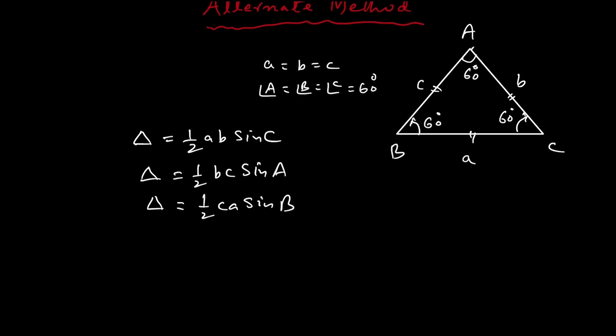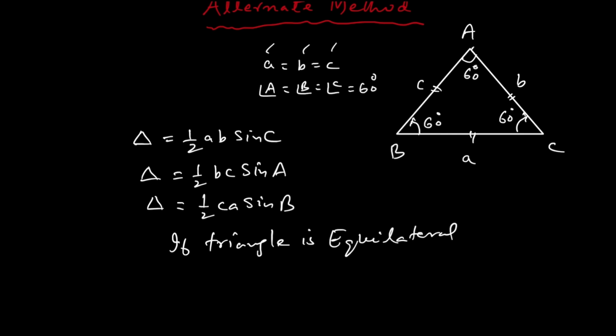If it is equilateral, take a, b, c equal. If the triangle is equilateral, what happens? a, b, c all are equal. Therefore, instead of half ab sin C, the formula changes. How does it change?